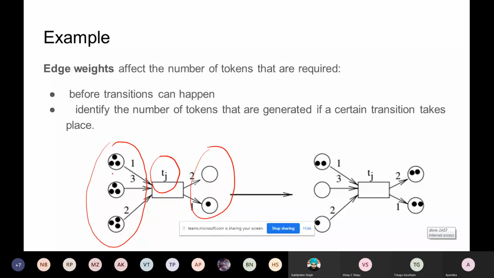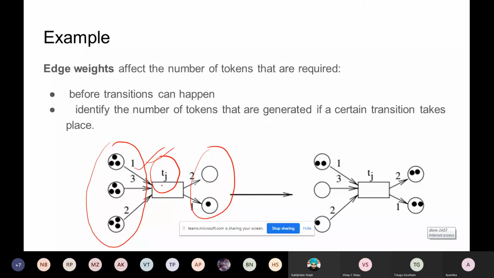Okay. So based on this maximum capacity we are defining, and these are the edge weights. Each weight means you see 1, 3, 2, etc. That means it is not necessary that the edge associated with a transition will always use all the tokens. Here you have 3 tokens, that is the capacity of this place.